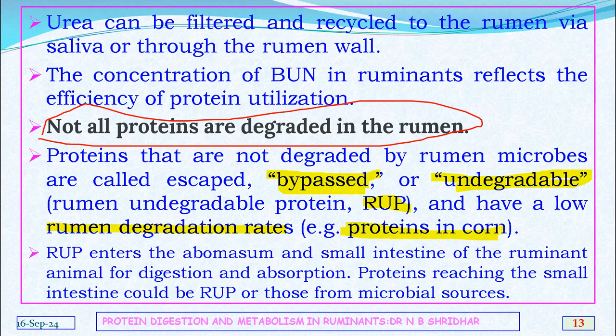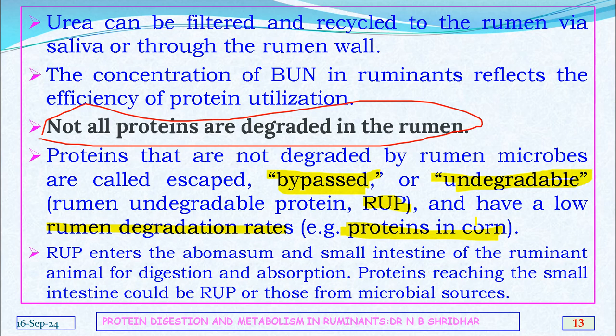It enters the abomasum, then the intestine, where many enzymes like chymotrypsin and trypsin act on it, and the amino acids are released. So hope you know the concept of bypass proteins: they cannot be digested in the rumen, and directly go to the abomasum and get digested there.